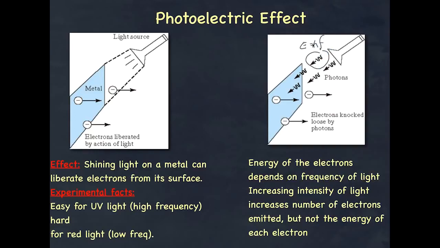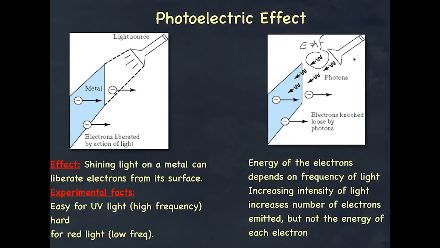Now that energy will determine whether this electron gets released. If this energy is too low, that electron won't get released, but if it's high enough, it will get released. Anything that's left over will contribute to the electron's kinetic energy.